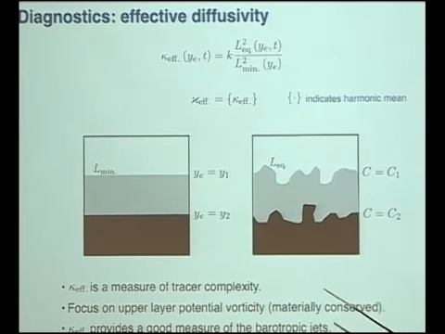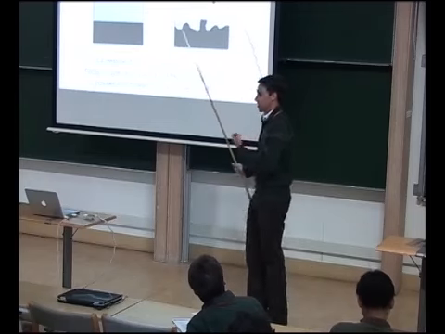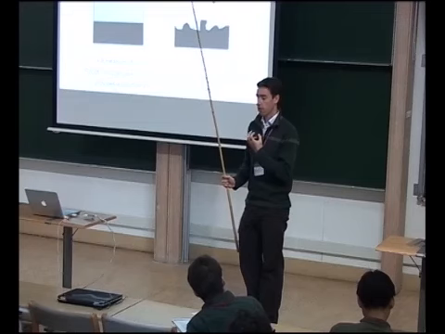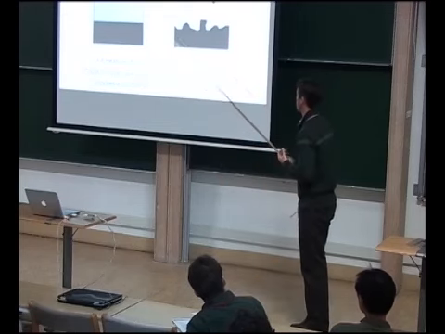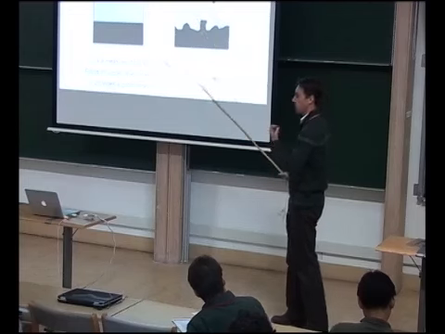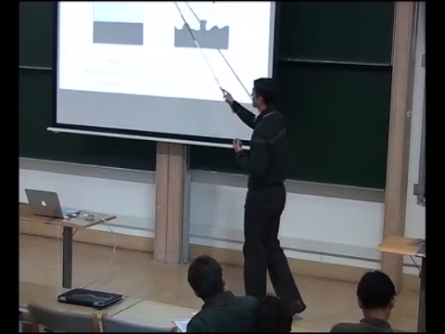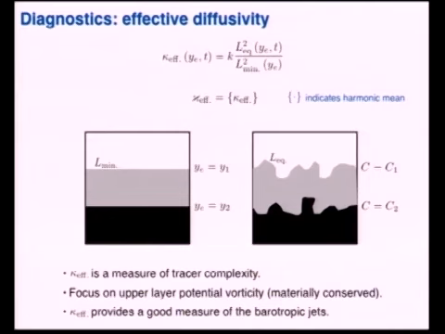Okay, the point now is if you have a jet here, this stretches the contour somewhat, but it doesn't nearly do so as much as in a mixing region where you'd have much, much longer stretching of the contour. So the fact is that jets are associated with minimal tracer complexity. So we have short contours, you have low mixing, and you have low values of effective diffusivity.